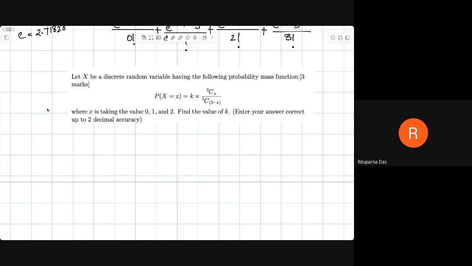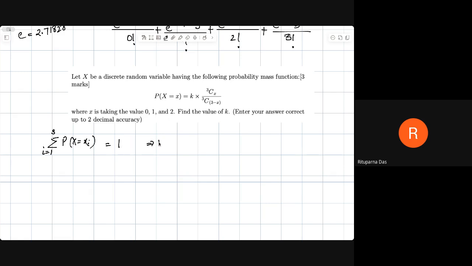So here, since we have seen the property of probability mass function, the sum of all P of x equal to x i, where what is the value of i? There are three values 0, 1 and 2, so i will be 1, 2 and 3. So this will be equal to 1. What does it mean?